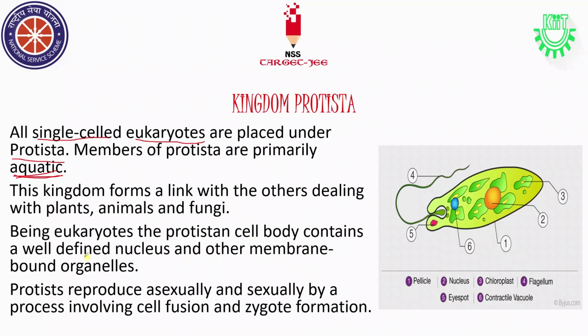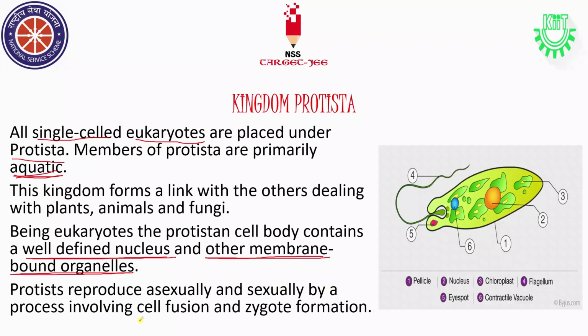Being eukaryotic, the Protistan cell bodies contain a well-defined nucleus and other membrane-bound organelles. Being eukaryotic, Protistans क्या करते हैं? They contain a cell which has a well-defined nucleus and other membrane-bound organelles.